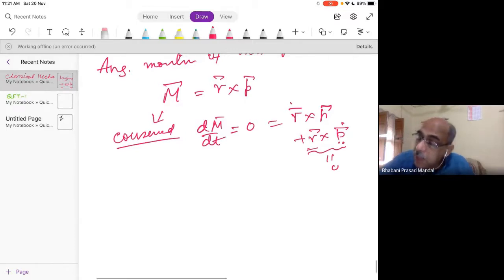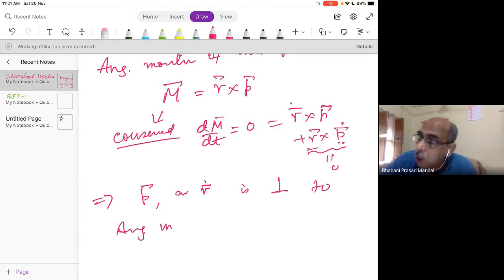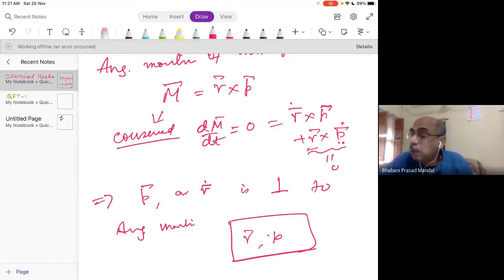So, this implies that your p vector or r dot vector, that means the r vector, is perpendicular to the angular momentum, or your motion is taking place in a plane, say r and p, and the angular momentum is perpendicular to that plane.